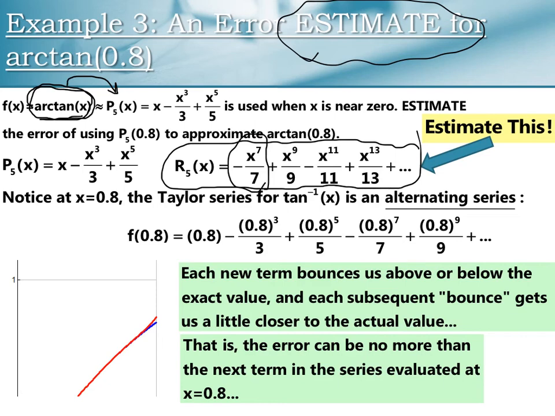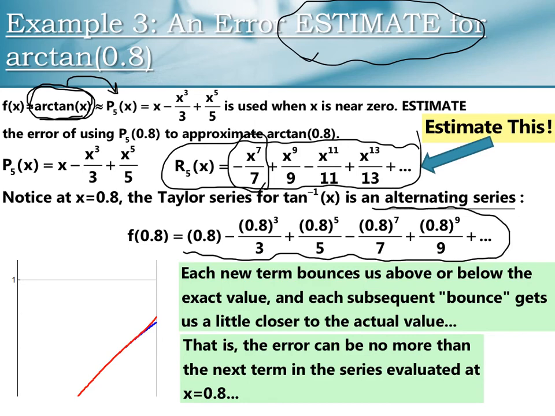Basically, we have no more error than is contained in the next term after our truncation, in this case the degree 7 term.